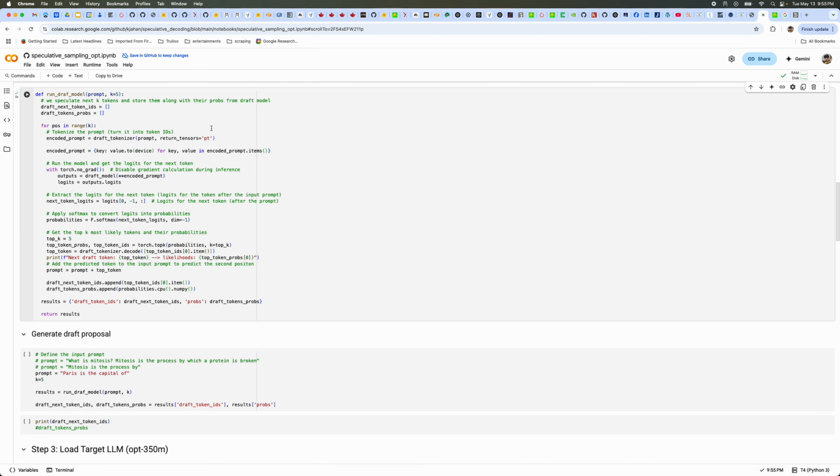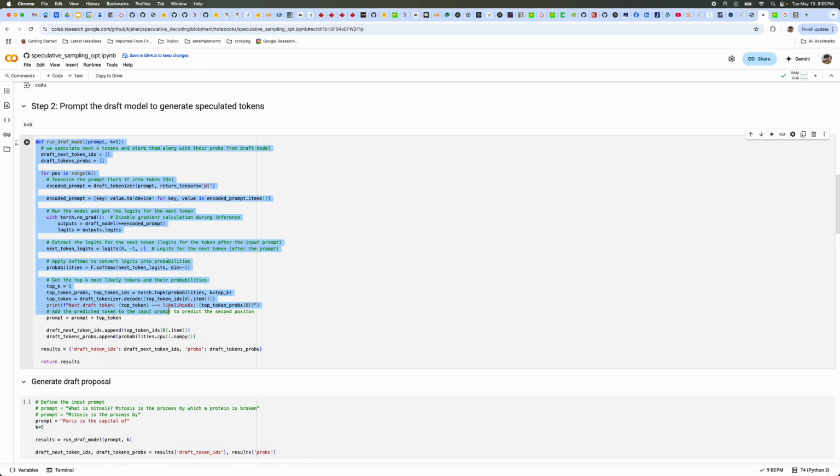So here I have a simple draft model that I implemented, and essentially I'm passing a parameter k to be 5. We are not doing anything crazy here.